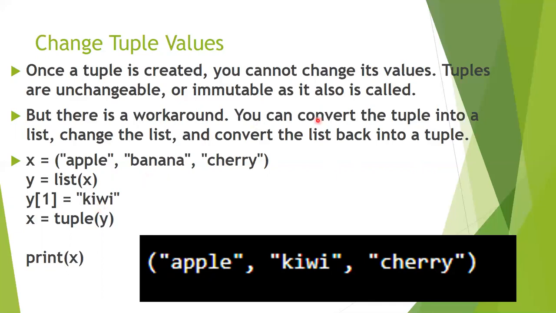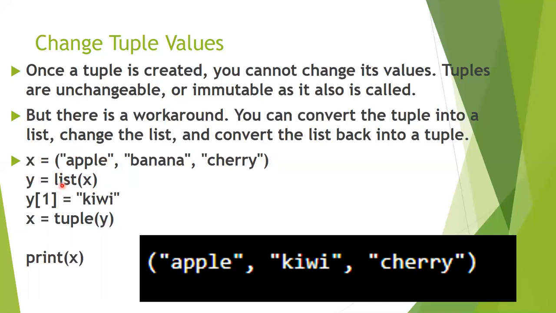We can convert this tuple into what? A list. Because as we have discussed earlier, elements of a list are mutable. We can change an element of a list. So we have created a tuple named x containing elements apple, banana and cherry, and we have converted this tuple into a list.